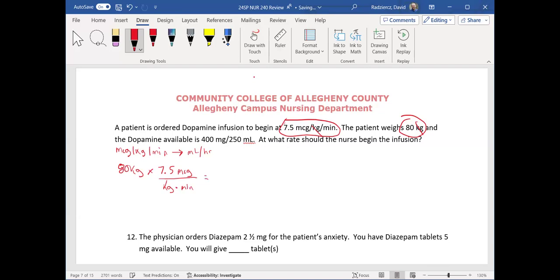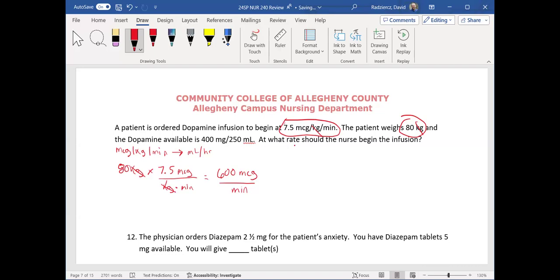So 80 times 7.5 is going to be 600 micrograms per minute. So we got rid of kilograms. They're done. They're out. We don't need to worry about those anymore. And now we just have 2 units. We don't have 3 units anymore.